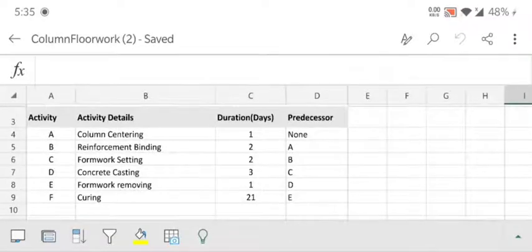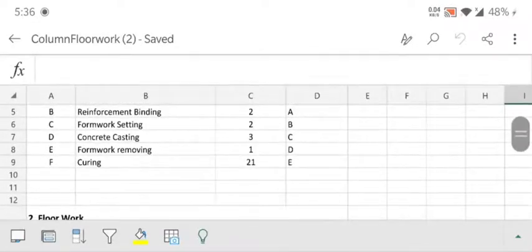D, concrete casting, the duration is 3 days and predecessor is C. Now E, formwork removing, its duration is only 1 day and predecessor is D. F, curing, duration is 21 days.